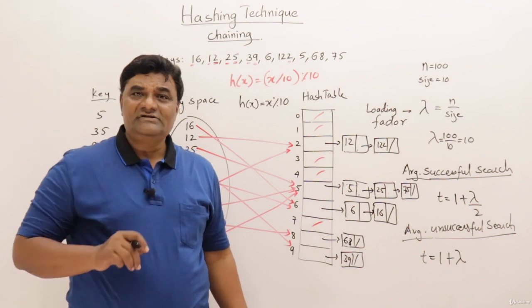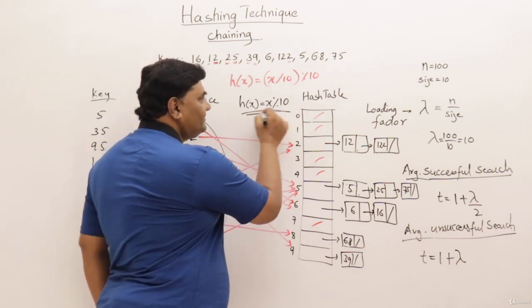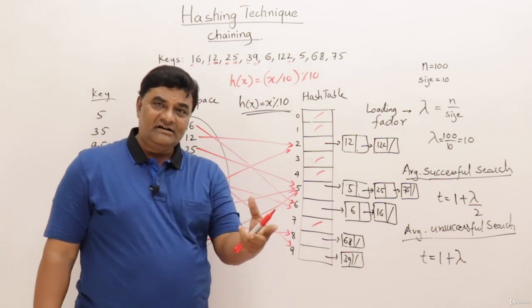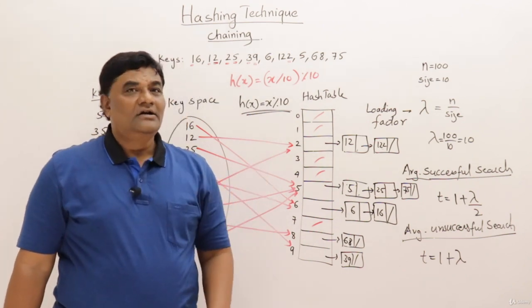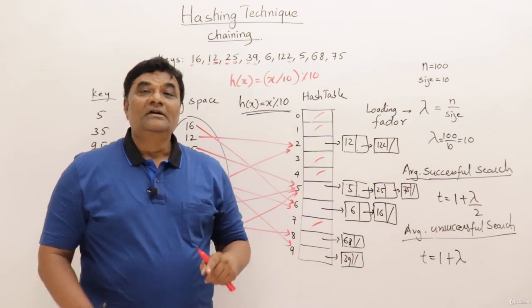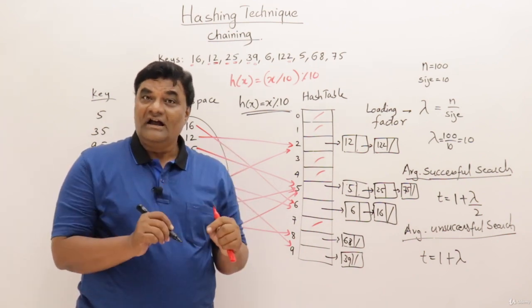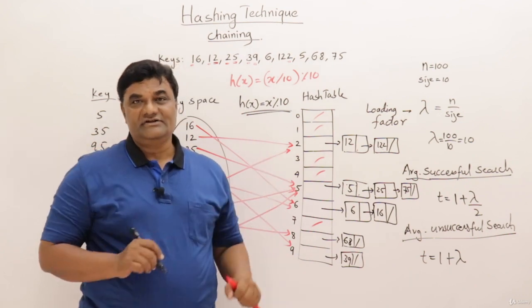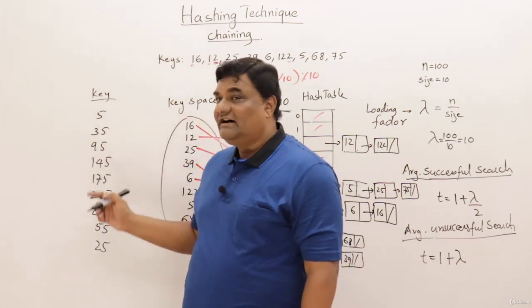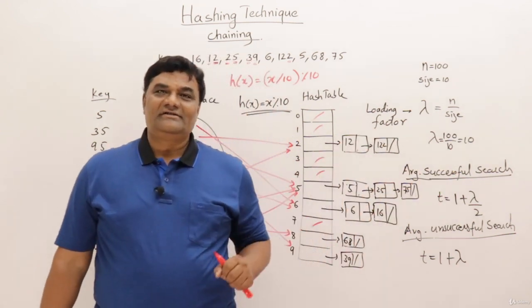So then who is responsible? Hash function. Is it a standard one that you must take this only? No, you can take any hash function. Then who is responsible? The programmer who has selected the hash function. So you select the hash function such that the keys are uniformly distributed.